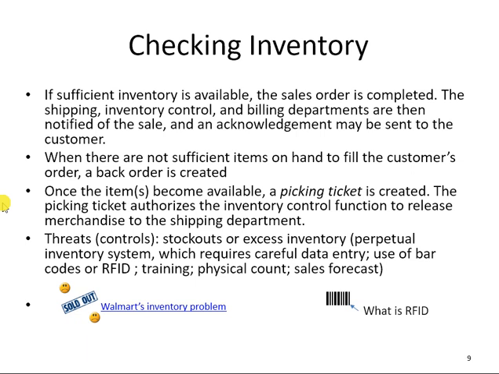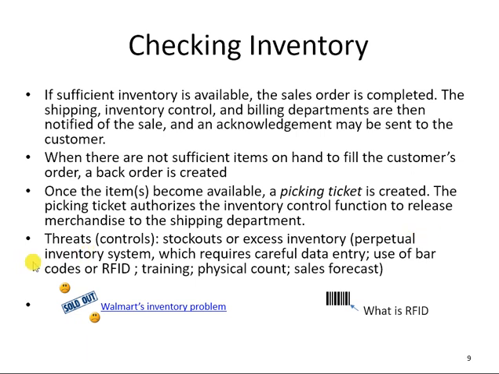So what are the threats and controls in this process? One threat is stockouts or excess inventory. Too many or too little inventory. Both are threats. To mitigate the risk, we can have perpetual inventory systems.